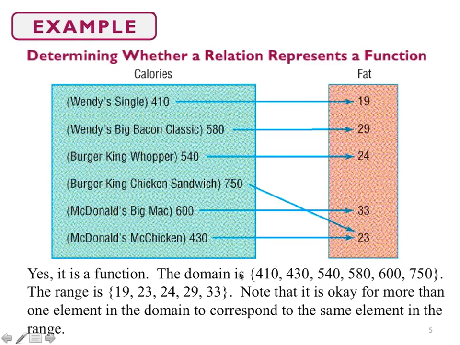The domain is going to be all of the calories of these sandwiches, 410, 430, 540, 580, 600, and 750. So we have 6 different things in our domain. The range only includes 5 different items. We only list the 23 once, even though it occurs twice. So we have 19, 23, 24, 29, and 33. It is okay for more than one element of the domain to correspond to the same element in the range. So it's fine to have 2 different x's go to one singular y.